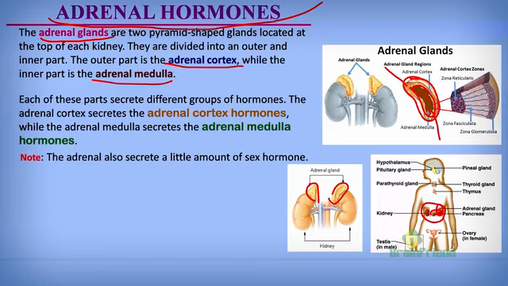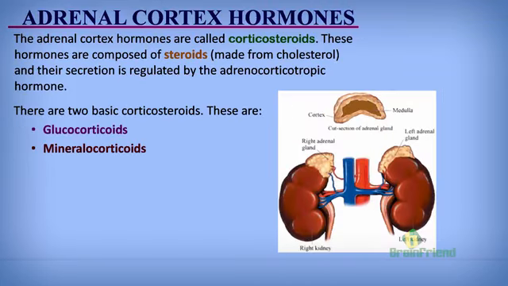The outer layer, the adrenal cortex, secretes adrenal cortex hormones, while the inner layer secretes adrenal medulla hormones. I would also like to mention here that the adrenal gland also secretes little amounts of sex hormones. In this case, it is often the male sex hormones, which eventually are converted to testosterone, which is a primary male sex hormone.